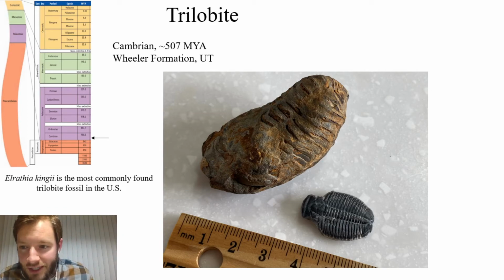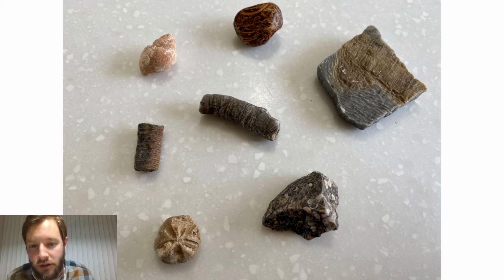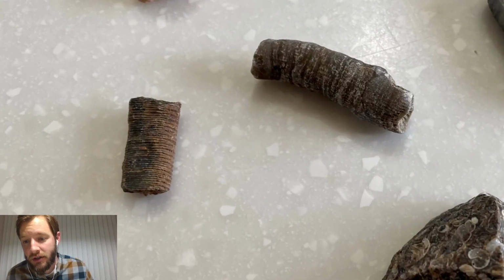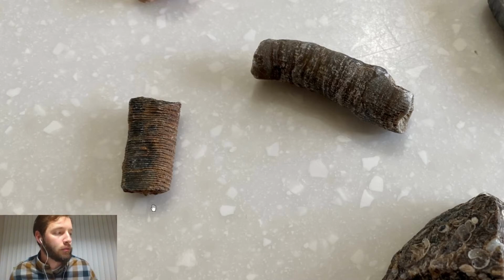They're very detailed. This last slide is just a bunch of samples, none of which are super good, so I just stuck them all in one picture. These three middle samples: on the left here is a crinoid stem, kind of like the stem of a flowering plant.